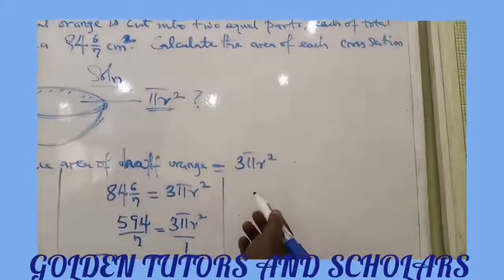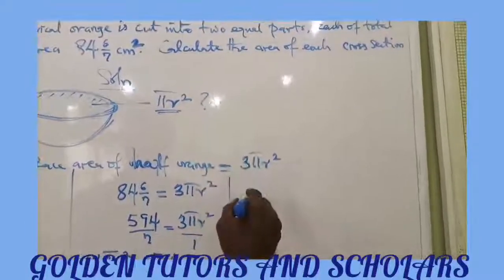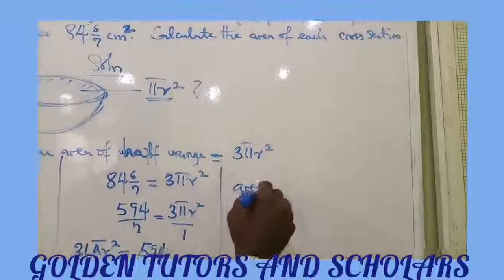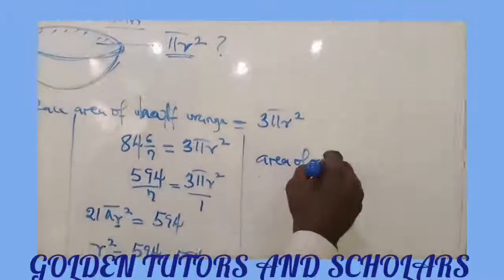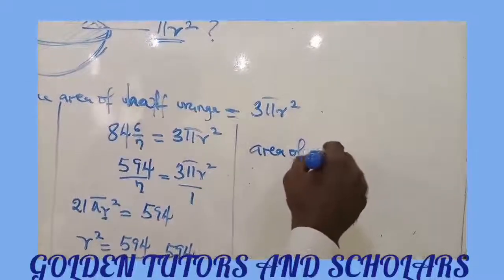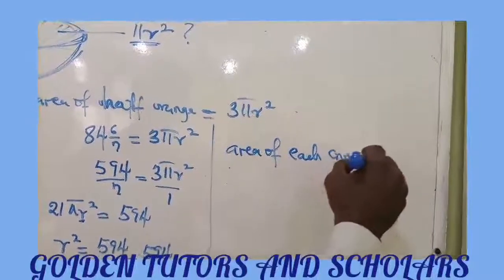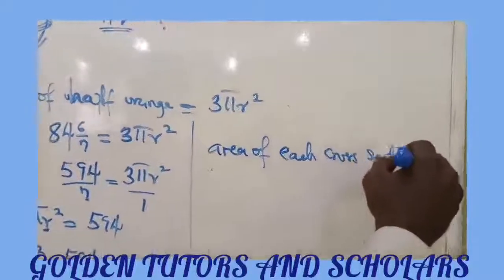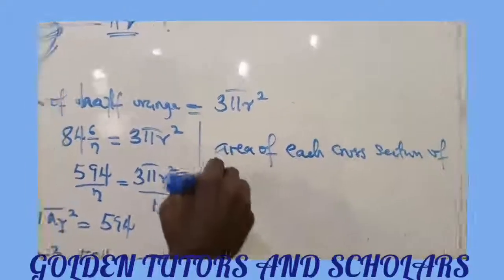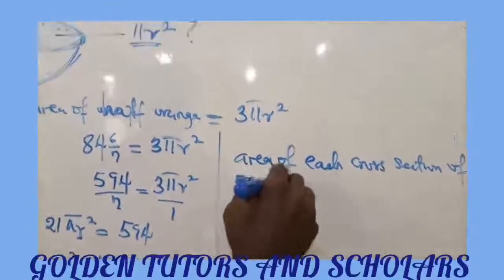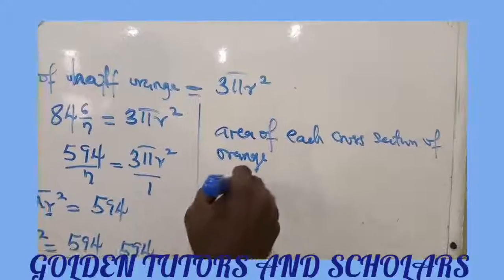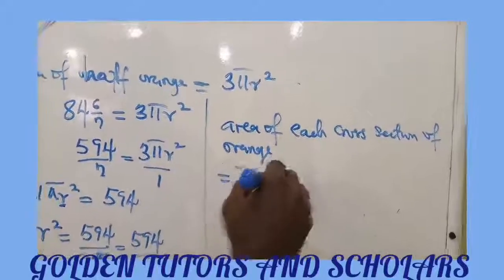So the area of each cross section of the orange will be equal to pi r squared.